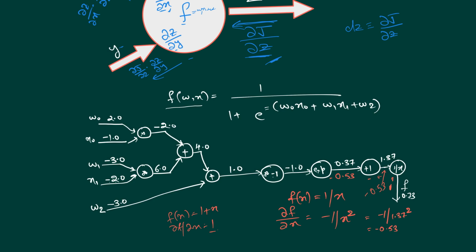We look at the next gate. It's an exponential function, so fx is equal to e raised to x. Del f by del x is again e raised to x, and the value of x incoming as the input to this gate is minus 1.0. So the local gradient is e raised to minus 1.0, and what is coming in is minus 0.53, multiplied by minus 0.53, and what we get out here is minus 0.20.